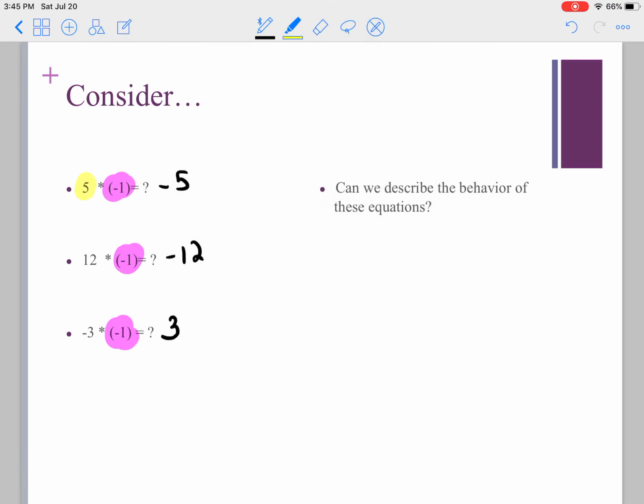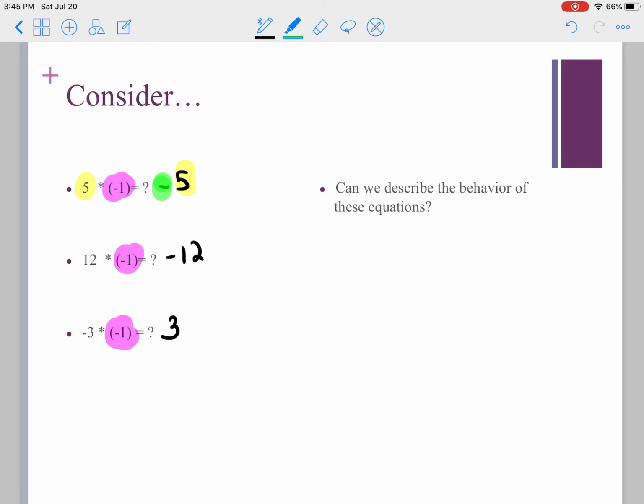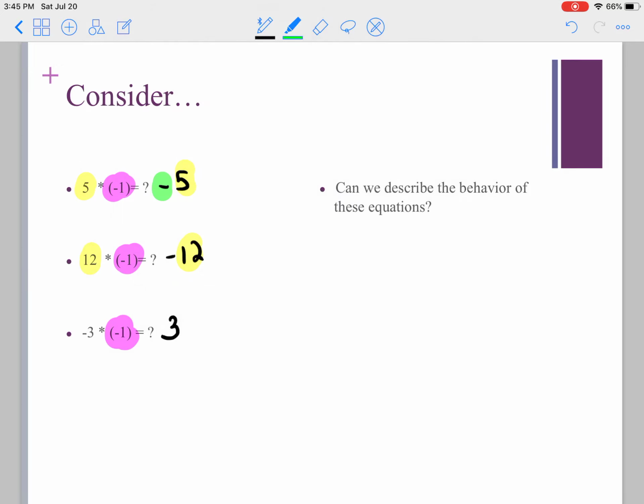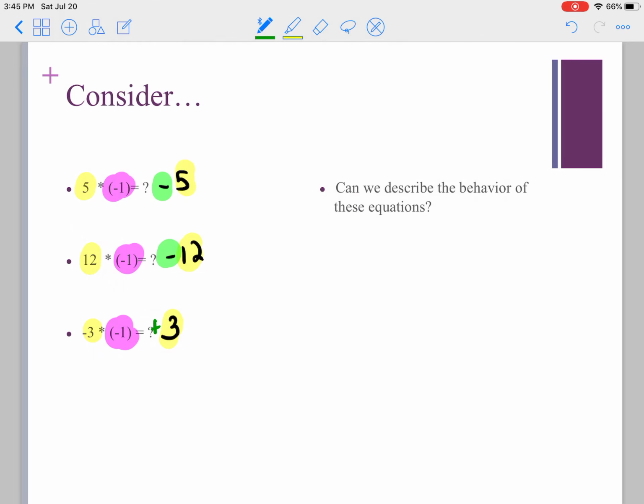So we've got everything being multiplied by negative 1, and are we getting the exact same value? Well, we have a 5 here and a 5 there, but something is different, and that is it's now a negative. We have a 12 and a 12, but it is now a negative. 3 and a 3, but the negative 3 has become a positive 3.